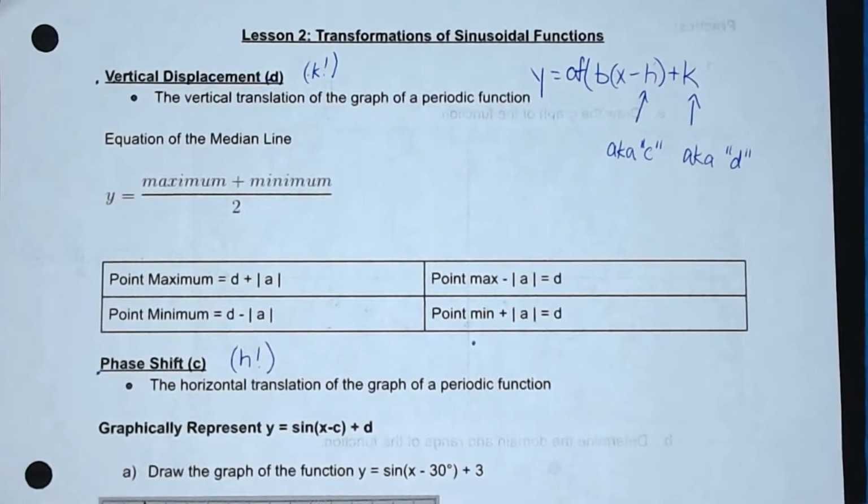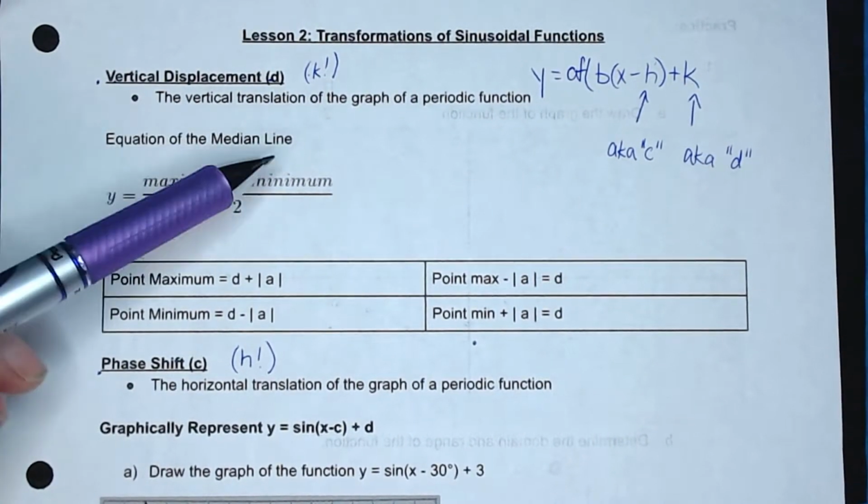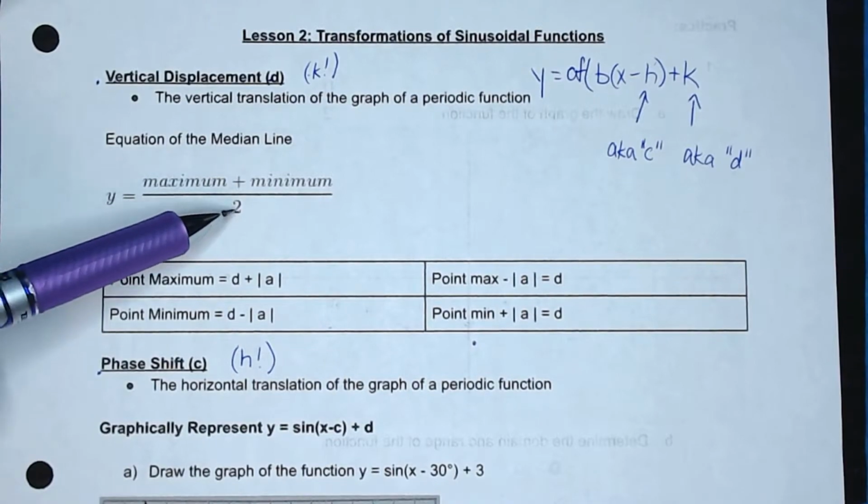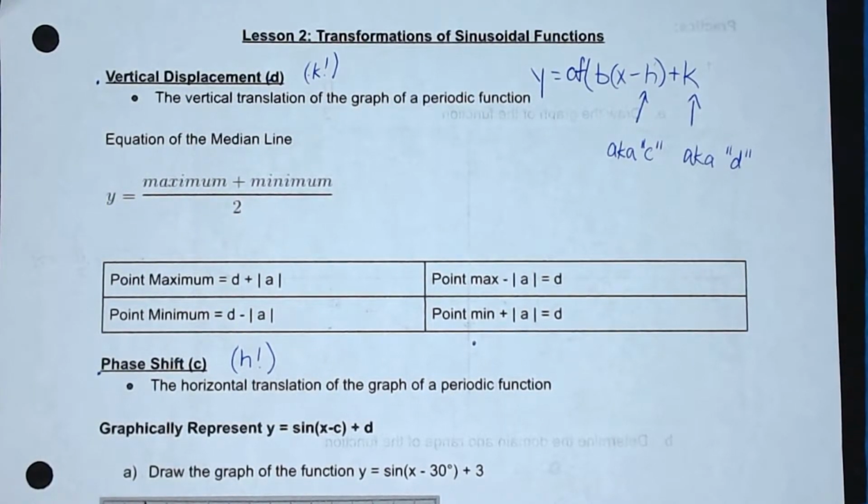To find that, what you can do is take the maximum plus the minimum values and divide it by 2. But if you're looking at the graph, it's pretty straightforward and simple. Just find the middle of the function.